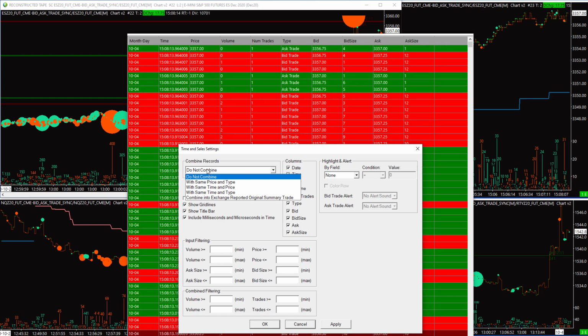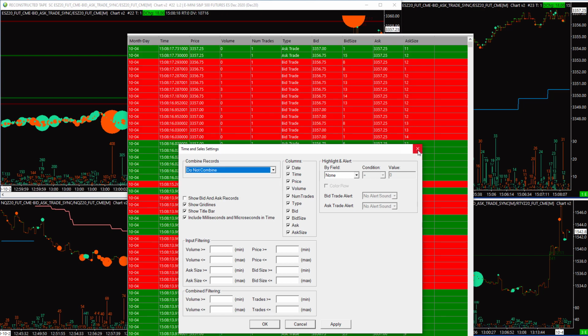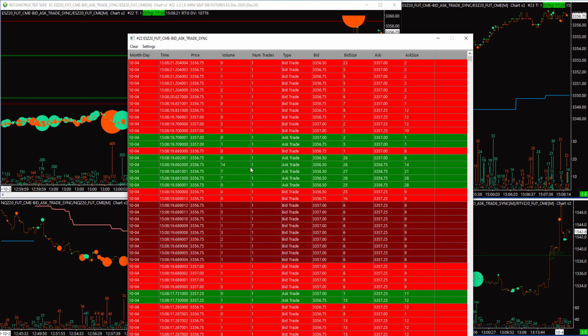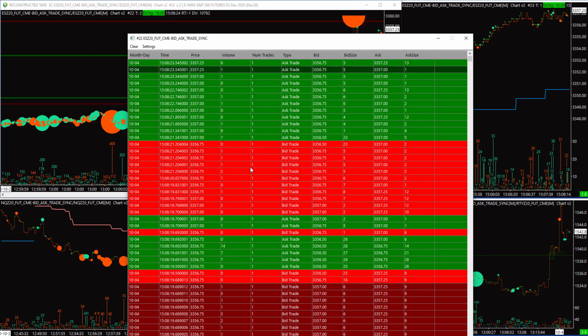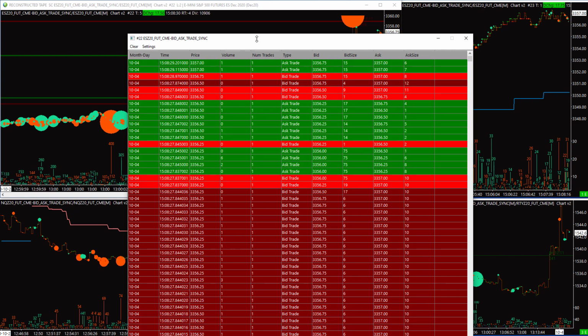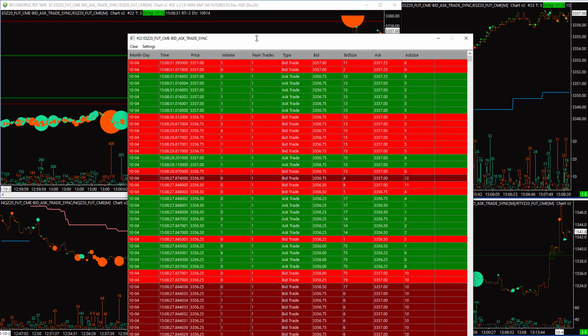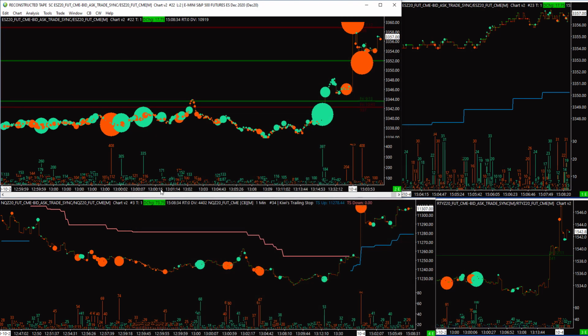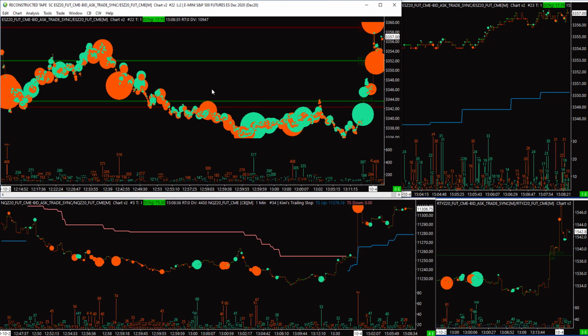And also, even if it worked exactly the same as my custom study, which would be fine and great for people, what you're not getting is the visualization of seeing it in a chart, right? You would just see the combined trades in this regular view for the time and sales versus this bubble chart that has the lines and all the other stuff that I've added.